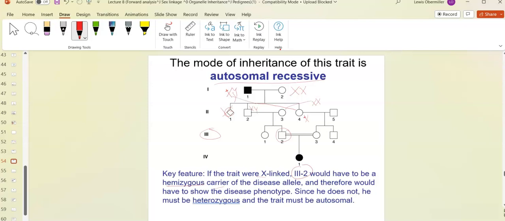this affected chromosome from dad, because that's all dad can give, right? And then we assume that this would be a normal individual, so this female would be a carrier.